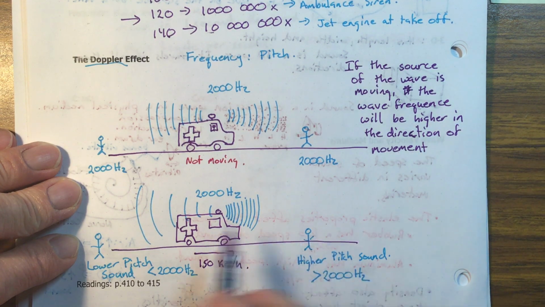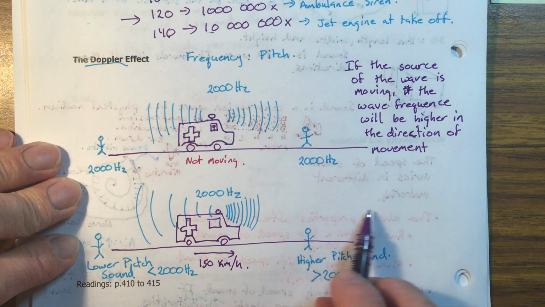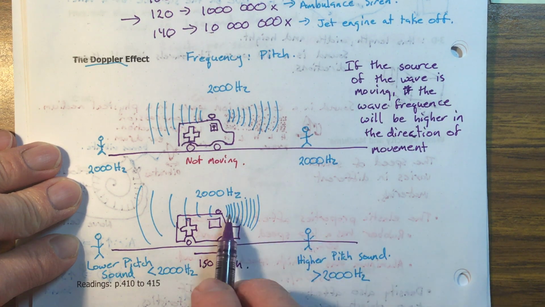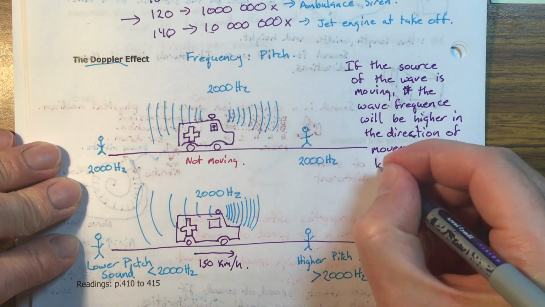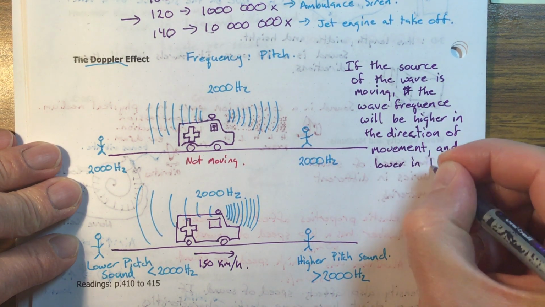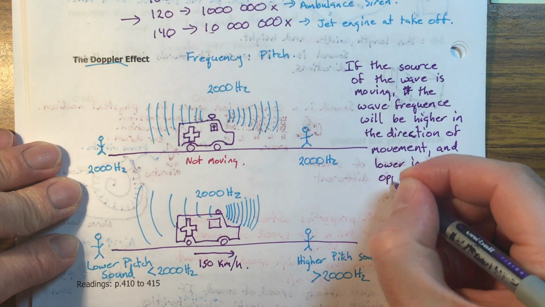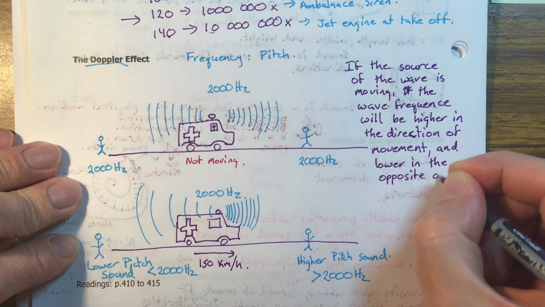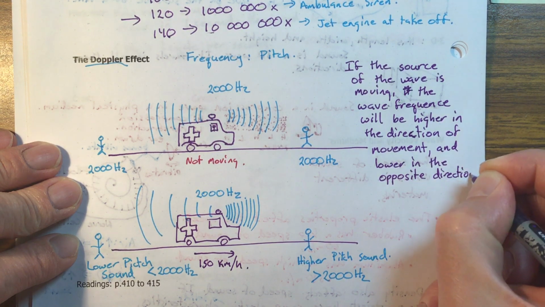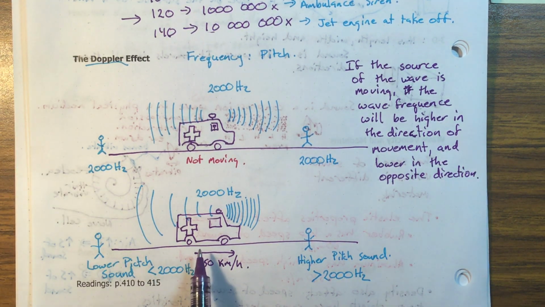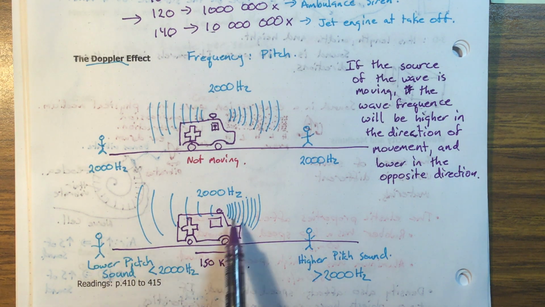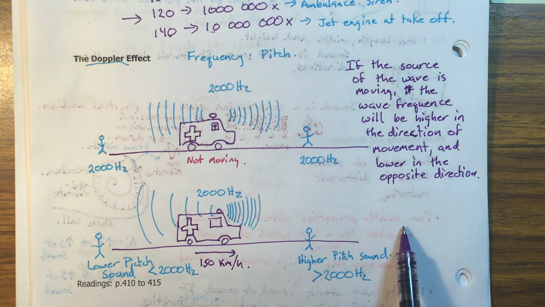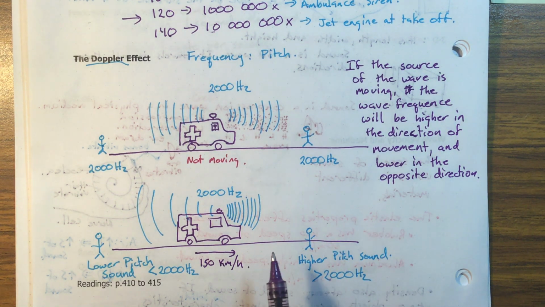The direction of movement is this way, so the wave frequency is higher in the direction of movement, this way, and lower in the opposite direction. So the source of the wave, the ambulance, is moving this direction. In the opposite direction, we're going to get a lower frequency wave. And in the direction it's moving to, we're going to get a higher frequency wave.